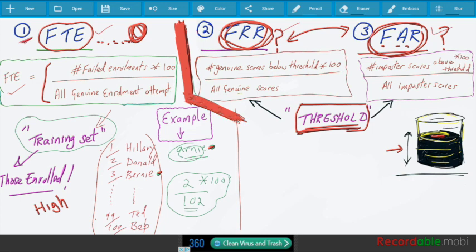And this is something, again, that I want you to be clear of. If you've enrolled 100 people, great. You don't have to try to circumvent every single person on that list. So let's take an example here for the false rejection rate. When you're doing the false rejection rate, you want to just determine how many of them get falsely rejected, or can't be verified.